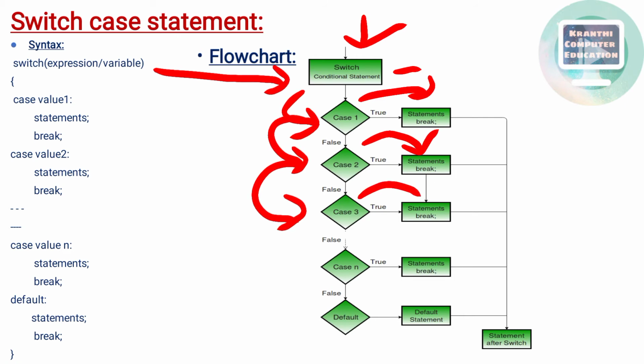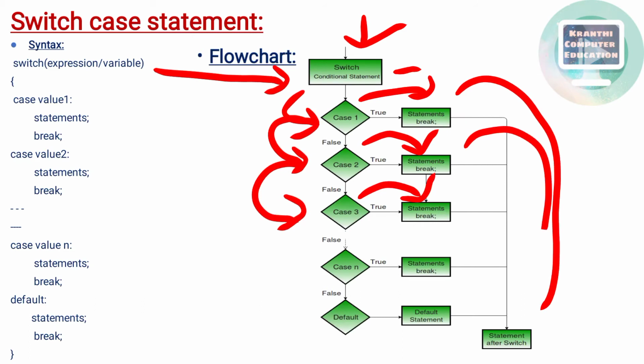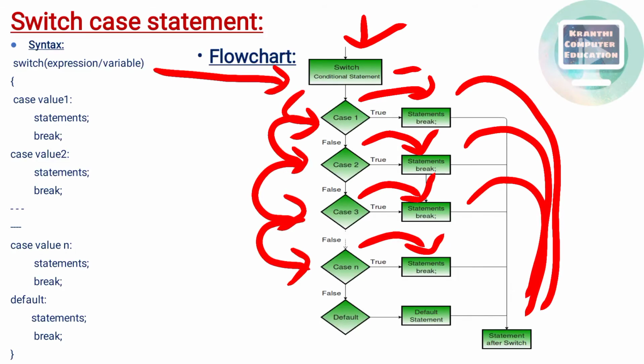Whichever case is matched, that particular block of statements will be executed, and then the statements written after the switch statement will be executed. If a case is not matched, it goes on to check all the case values till the last case. The last case value is also compared, and if it is matched, then that particular block of statements will be executed and control goes to the next statement.